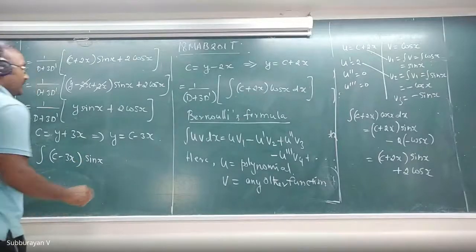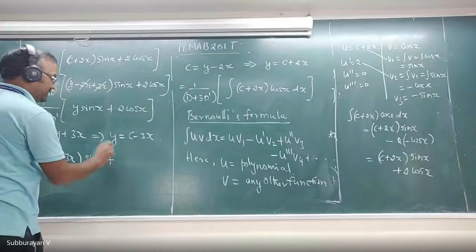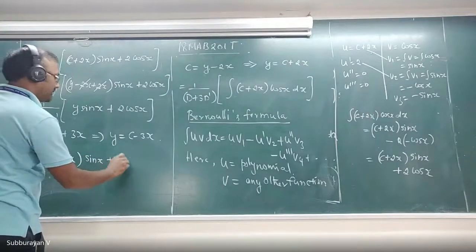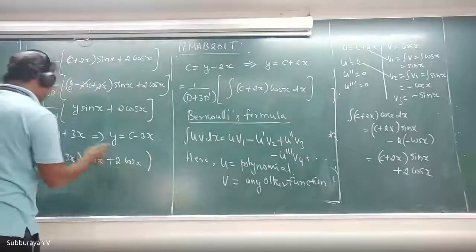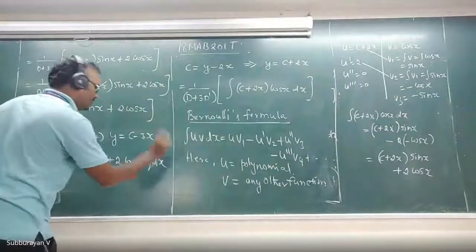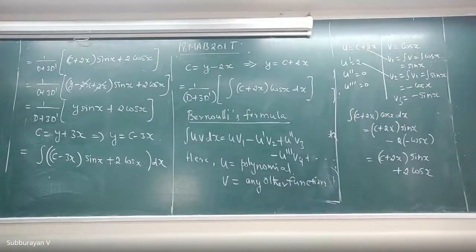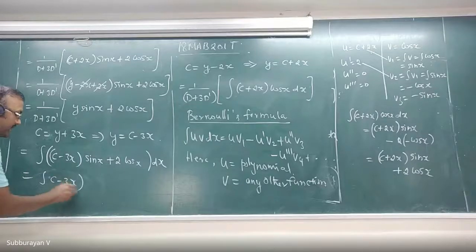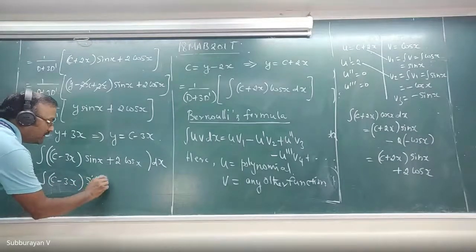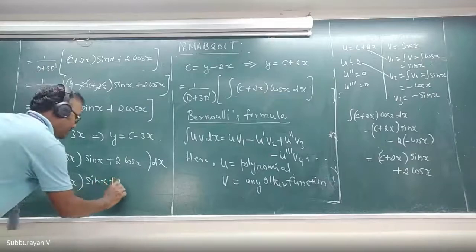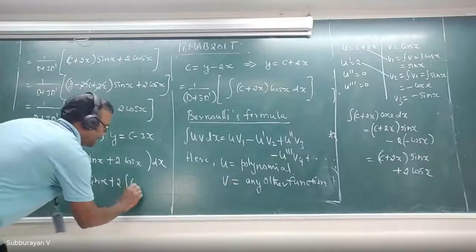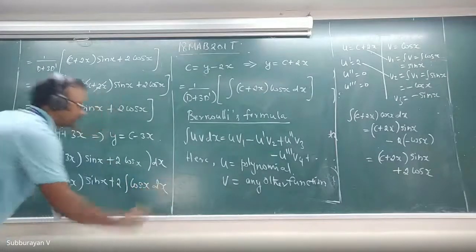And there is no y here, you just keep it as it is, twice cos x into dx. So that is integral c minus 3x into sin x plus 2 times integral cos x into dx.